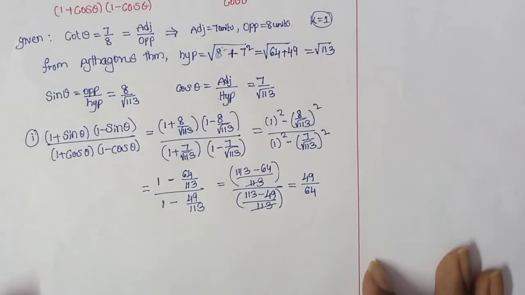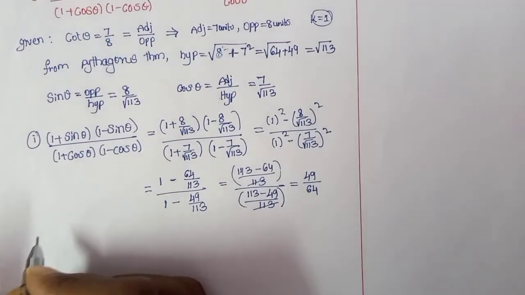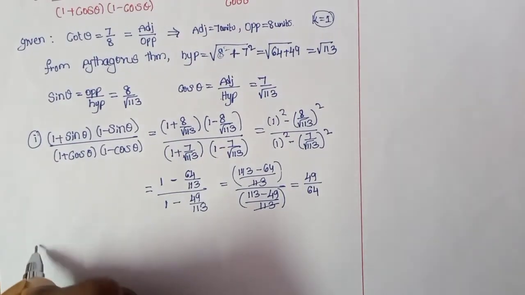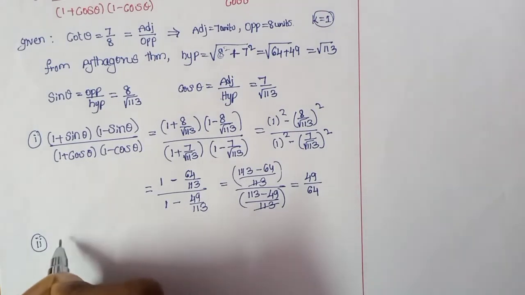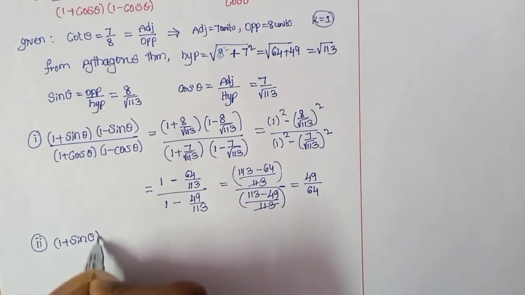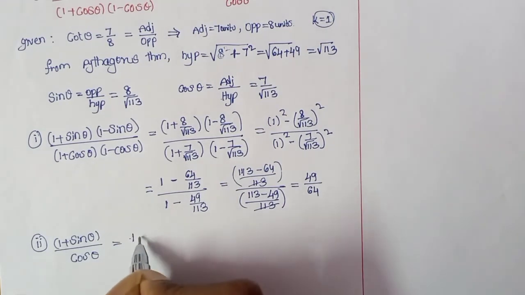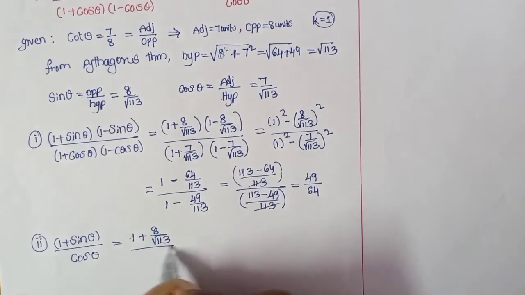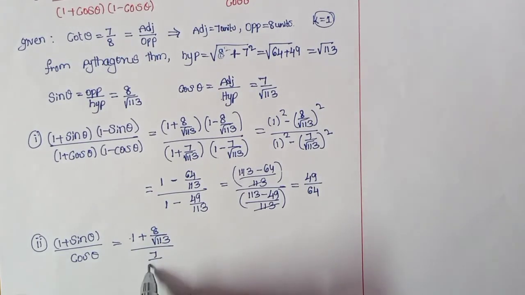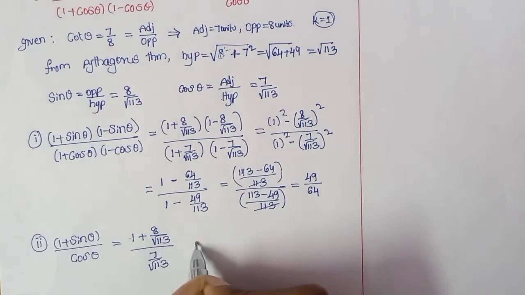Let us do the second one. What we need to calculate is 1 plus sine theta divided by cos theta. This is very simple. 1 plus sine theta is 8 by under root 113. Cos theta is 7 by under root 113.